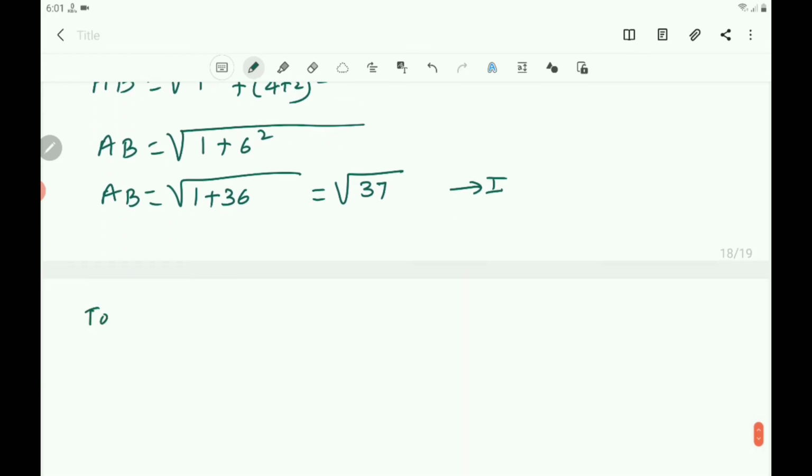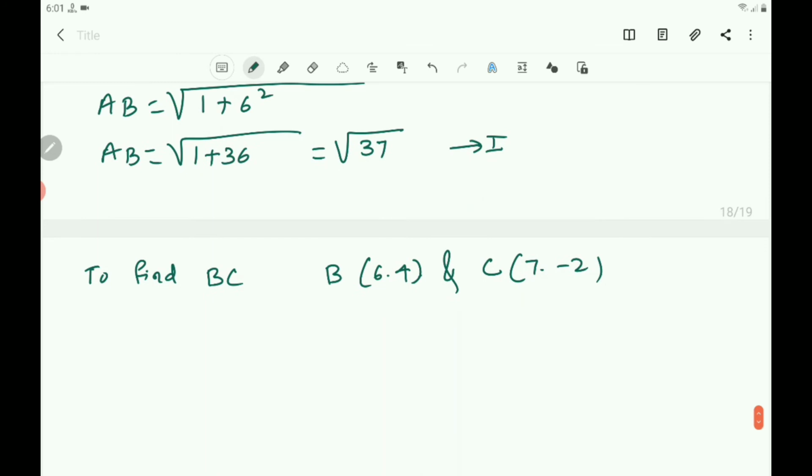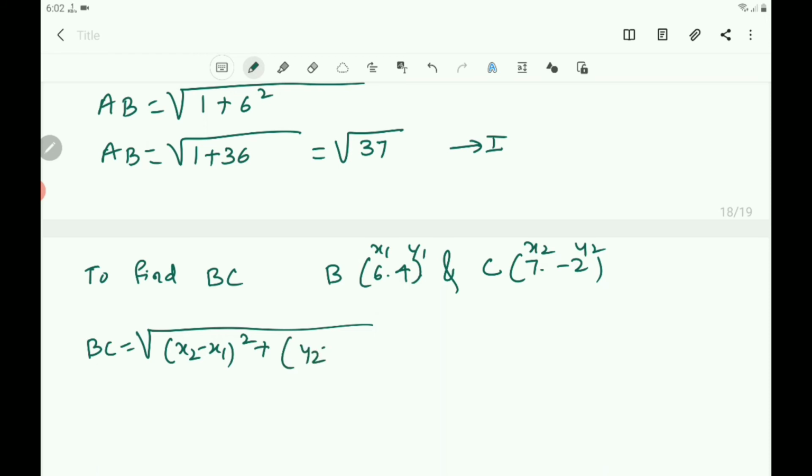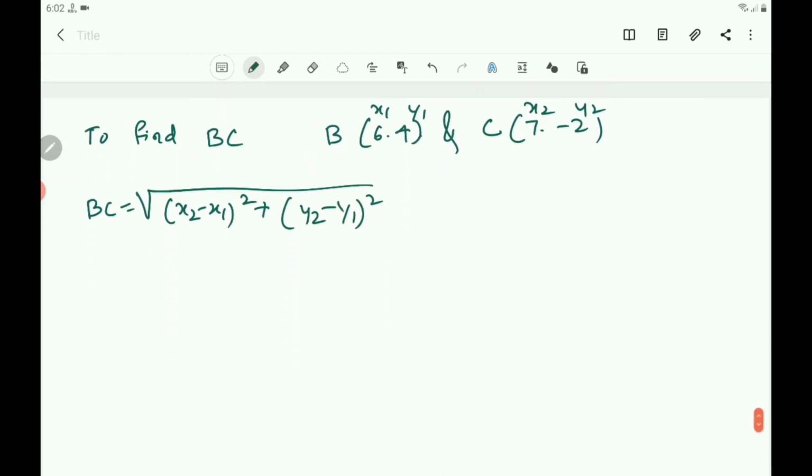To find BC, consider the point B. B is a point with coordinates 6, 4 and C is a point with coordinate 7, minus 2. Then find BC, you write this is x1, y1, x2, y2. Then BC equals whole root x2 minus x1 whole square plus y2 minus y1 whole square.